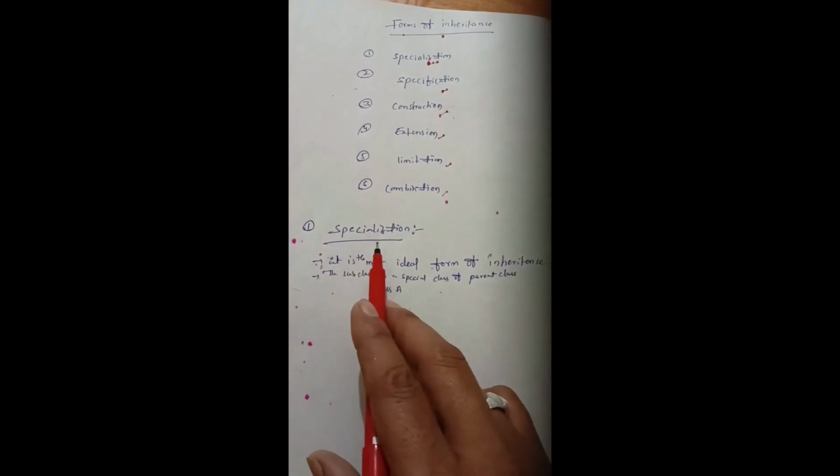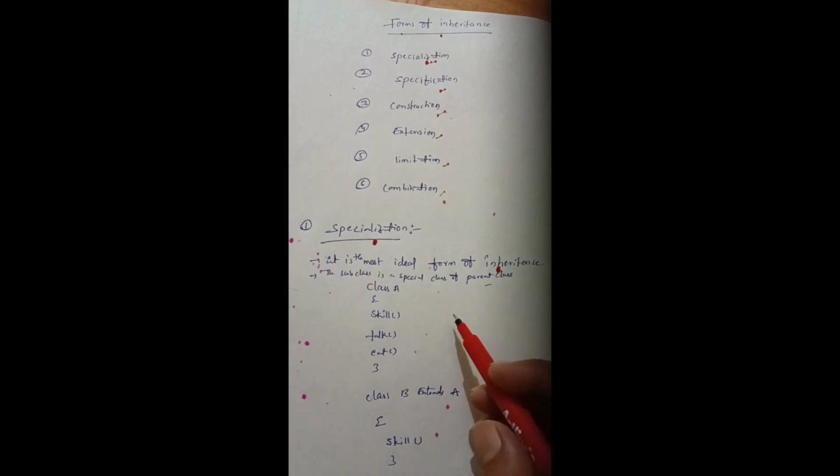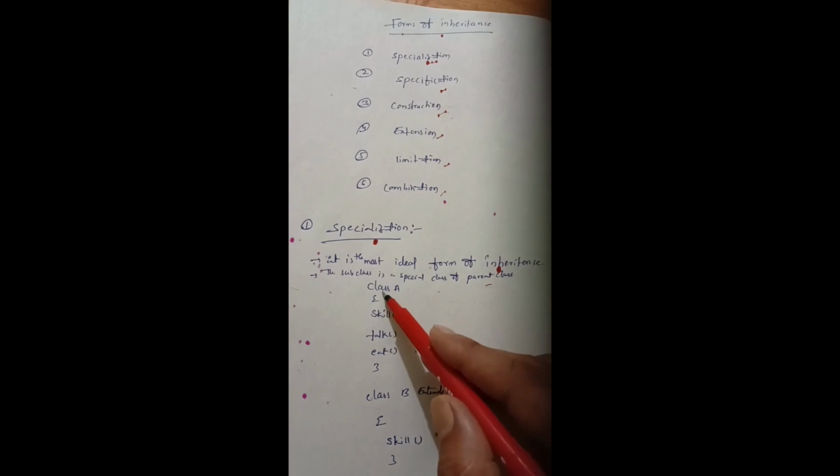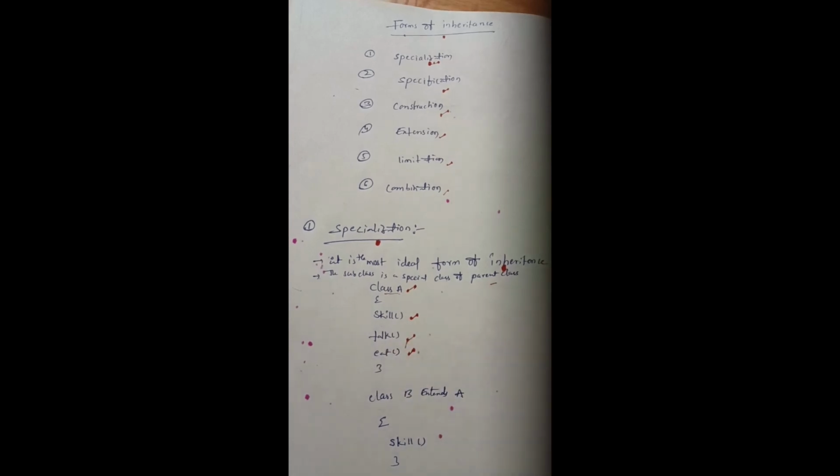First one, specialization. Specialization is the most ideal form of inheritance. It is a special class of the parent class. Suppose class A contains skill method, talk method, and eat method.